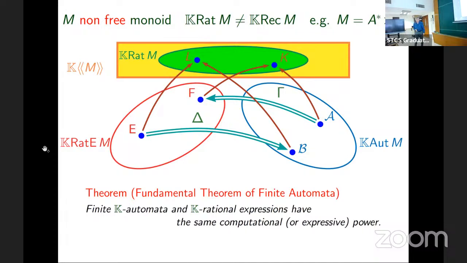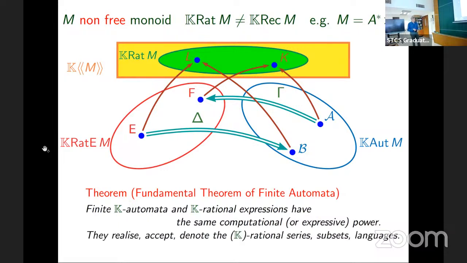So what does that K denote there? Oh, K is the set of weights. It's a semiring. It can be a field, it can be anything. It's just the general writing for the set where you can take the things. Okay, and so the finite automata or expressions or the series subset language.